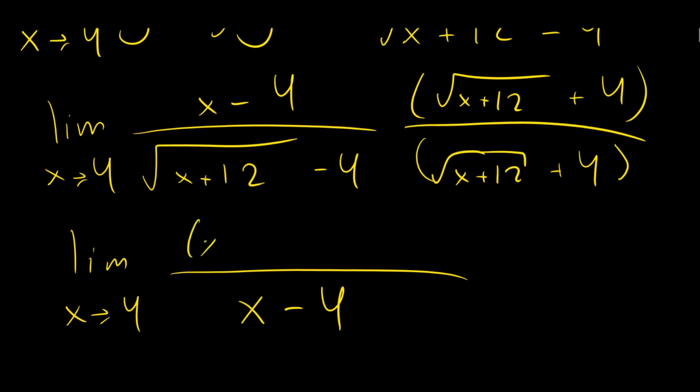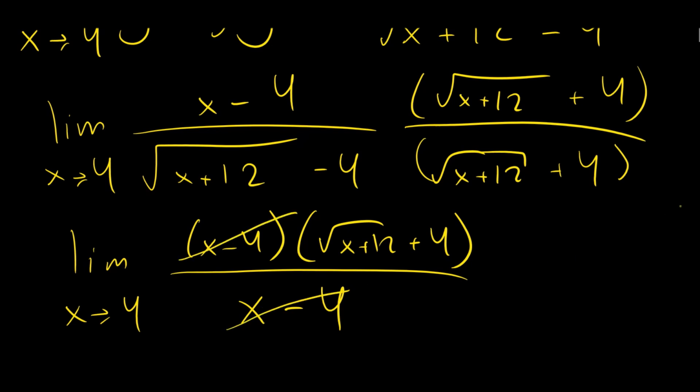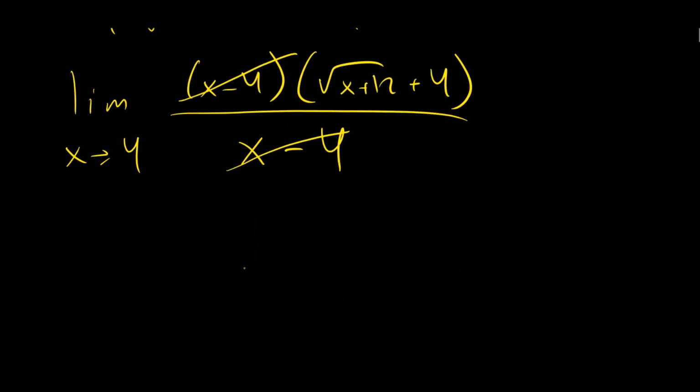And on the numerator, we'll have the x minus 4 being multiplied by the square root of x plus 12 plus 4. And now, very cleanly, we can just cancel out that factor, and we simply end up with the limit as x approaches 4 of the square root of x plus 12 plus 4.